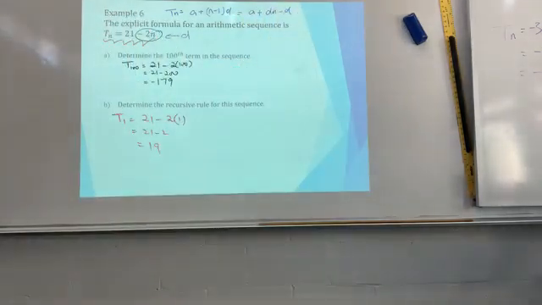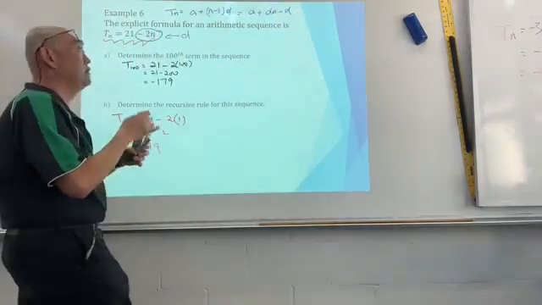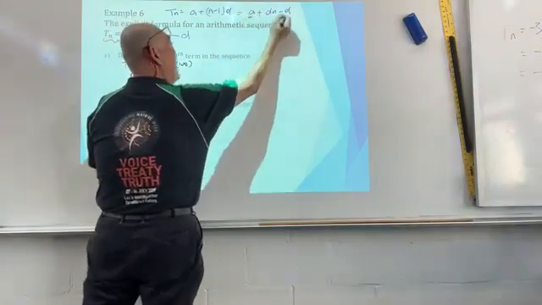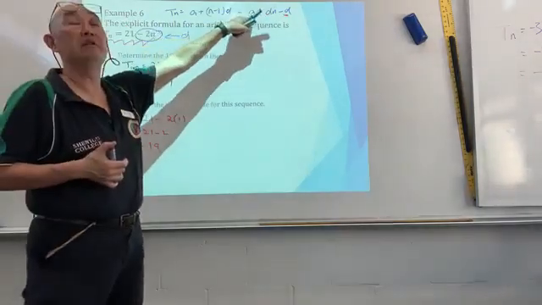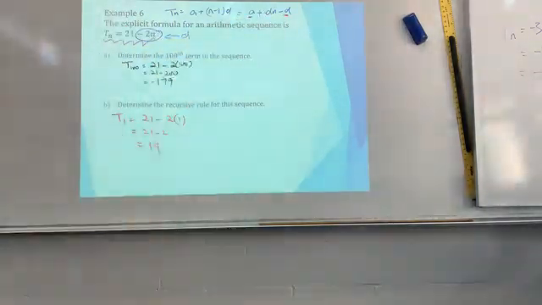Correct? And you know that A and d are just numbers. A is the initial, the first term, and d is the common difference.